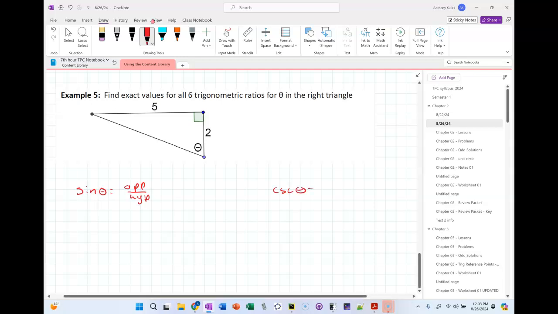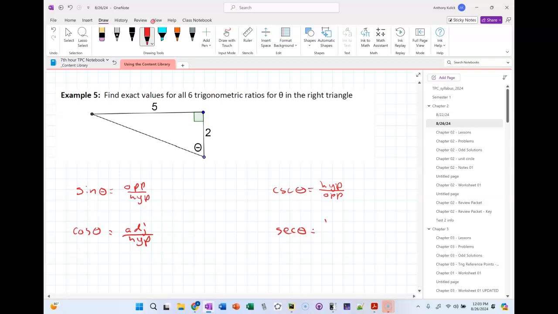Cosecant theta is hypotenuse over opposite, etc., right? I'm not going to read these as I write them because it just makes it harder to write. You ever notice that when you try talking and writing at the same time, you end up just writing what you're saying and not what you need to be writing down? It's super annoying.